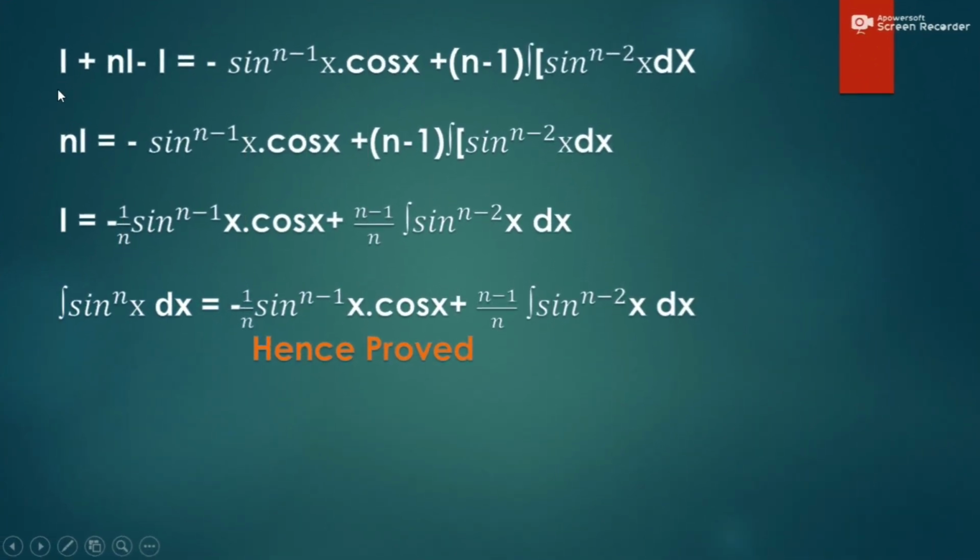Then I plus n I minus I, we can multiply the I into the bracket.